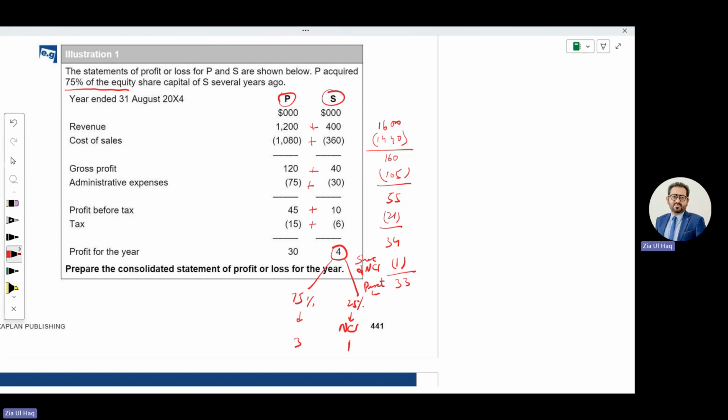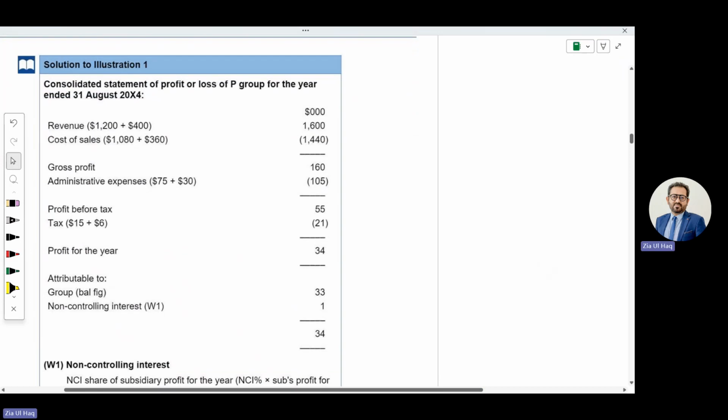That's what we need to show at the end. We need to distribute the profit, like out of these 4, how much is parent and how much is subsidiary. So of the 34, non-controlling interest is 1, and the profit attributable to the group is 33, altogether 34.